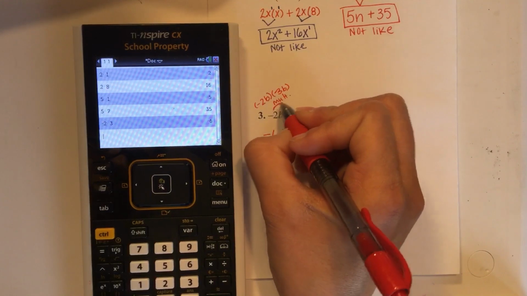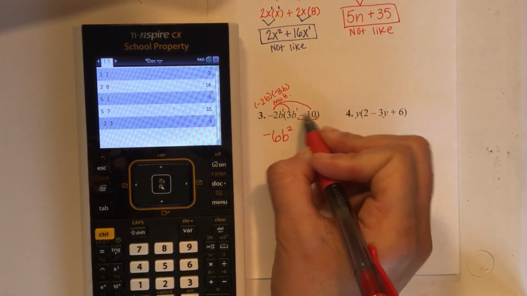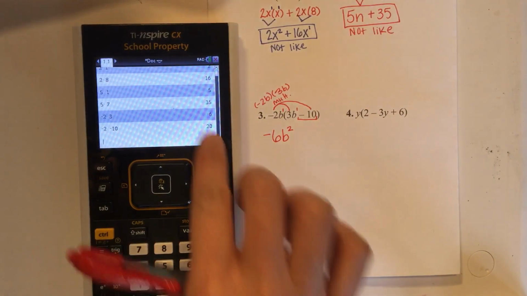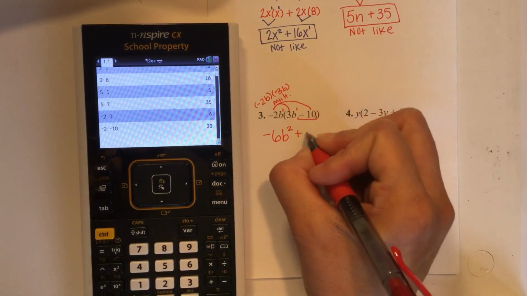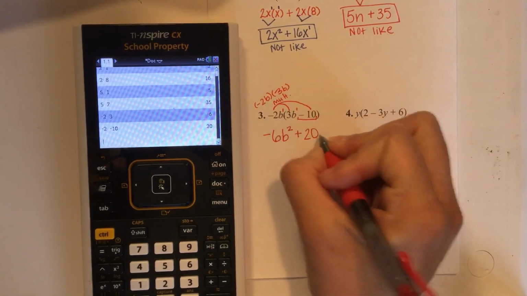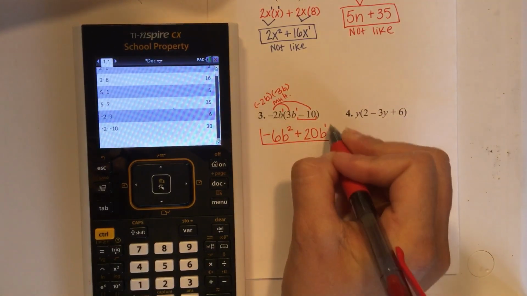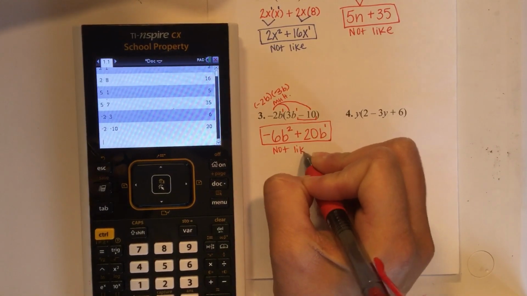Now you're going to take negative 2b and multiply it with a negative 10. A negative times a negative, negative 2 times a negative 10, is a positive 20, so you put a plus 20b. And again, it's b to the first, so these are not like terms. You cannot combine them.